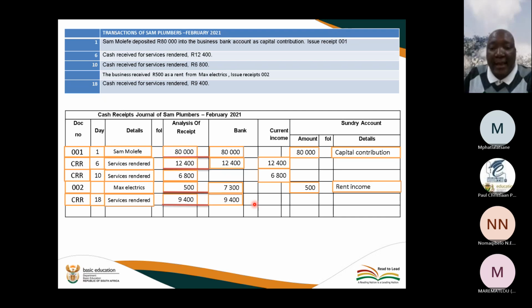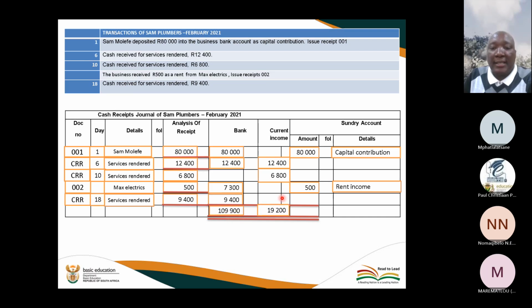Now, after that, you draw the line. With this line you indicate that you are going to close this cash receipt journal. When you close this cash receipt journal, what do you do? You add all these amounts. You are going to add 80,000, 12,400, 7,300, 9,400, which will give us 109,900.